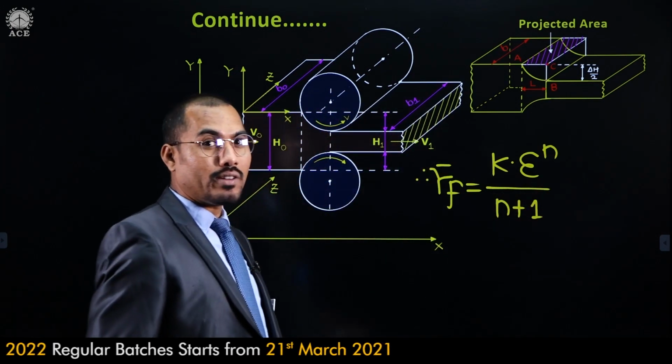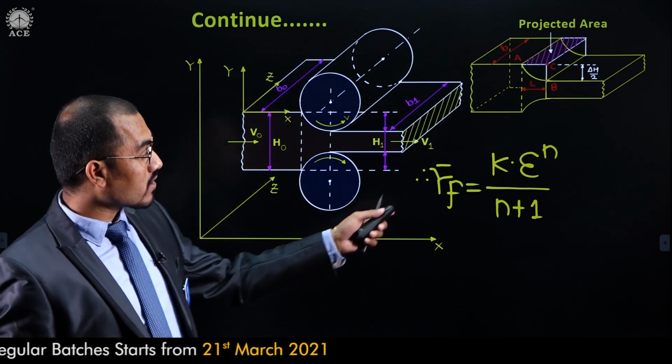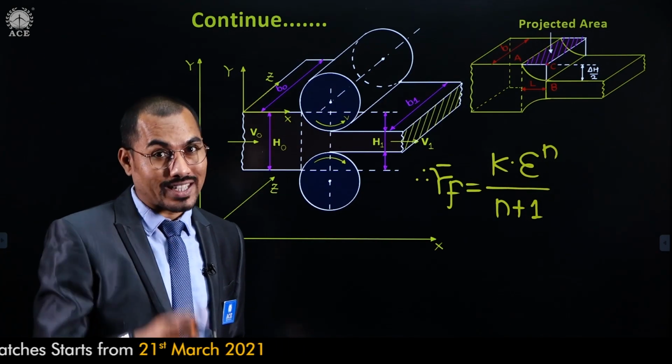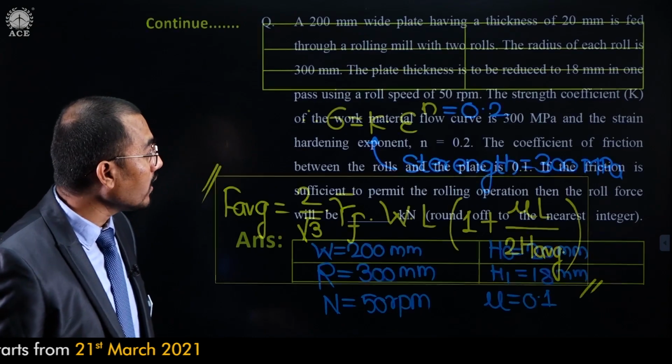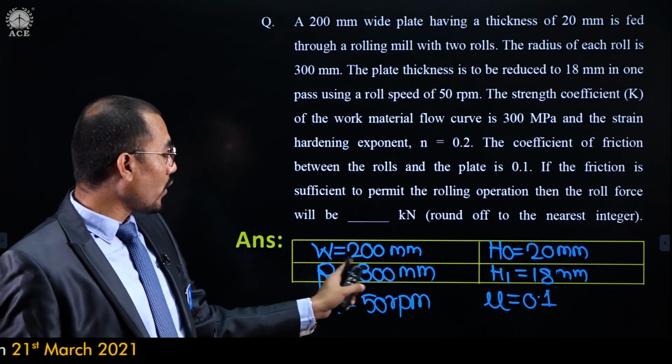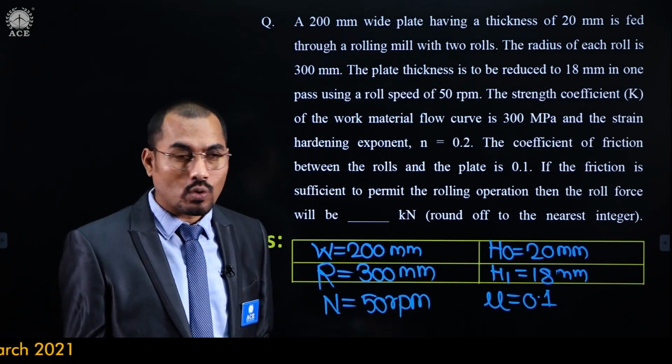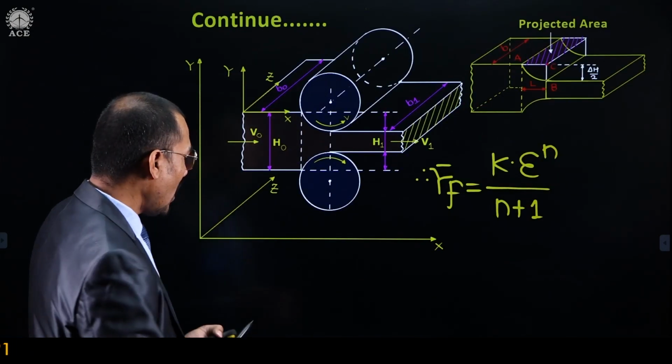Now, K is the strength coefficient and small n is the strain hardening exponent. Epsilon is the true strain in the rolling operation when the strip is compressed from 20 to 18. How do we calculate strain?